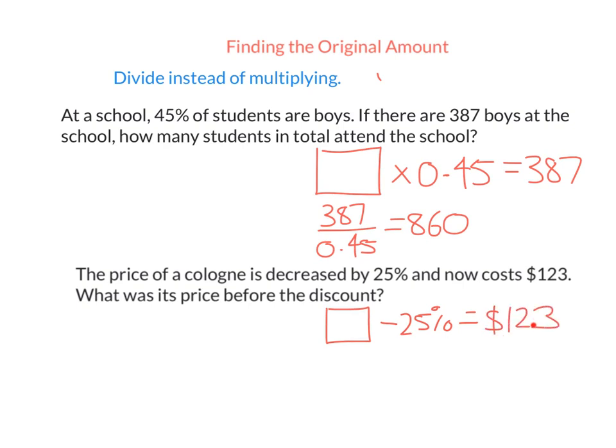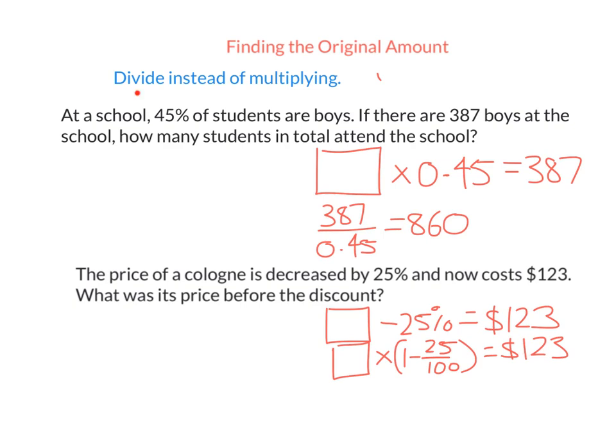Here I know the final amount, and I want to find the original amount. So remember, if I decrease something by 25%, I times by 1 minus 25 over 100. So I've taken my original amount and timesed by 1 minus 25 over 100 to get this.